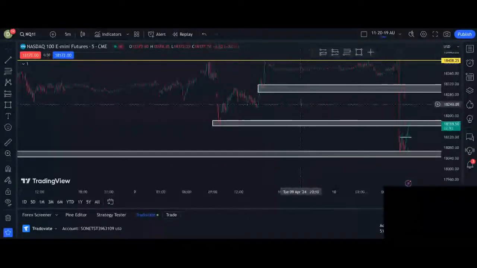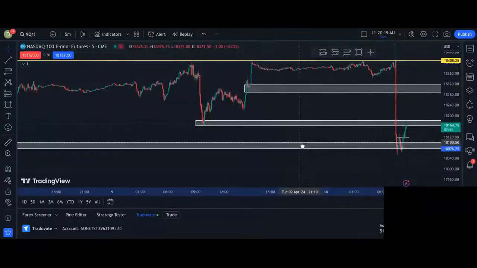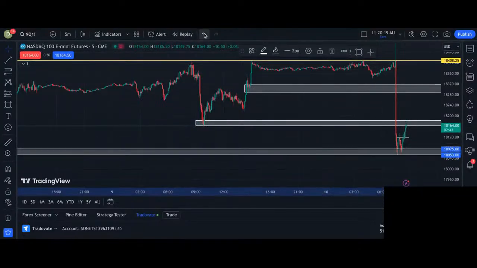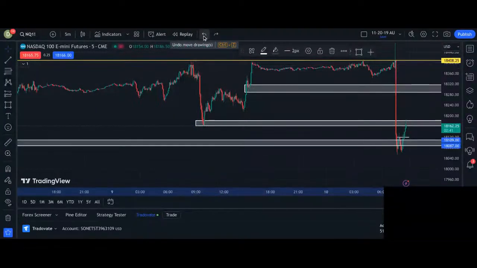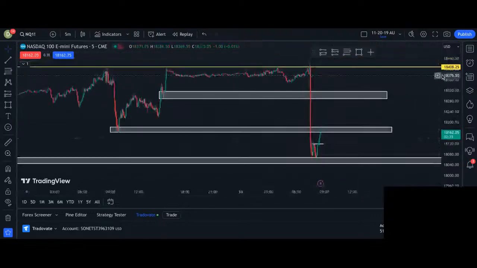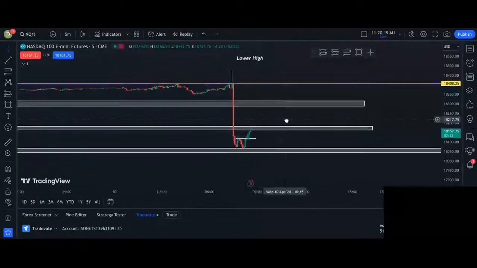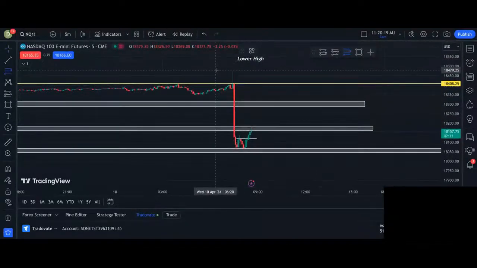As you can see, price broke here and made a lower low down here. I ain't trying to do that. Yeah, here we go. I shot my fields on it.